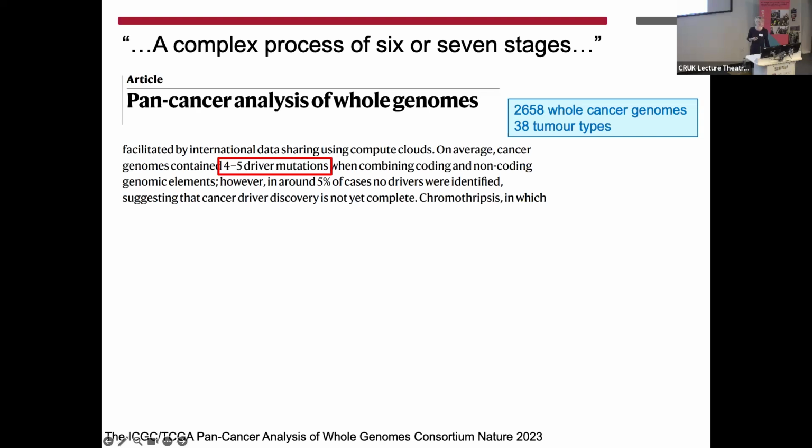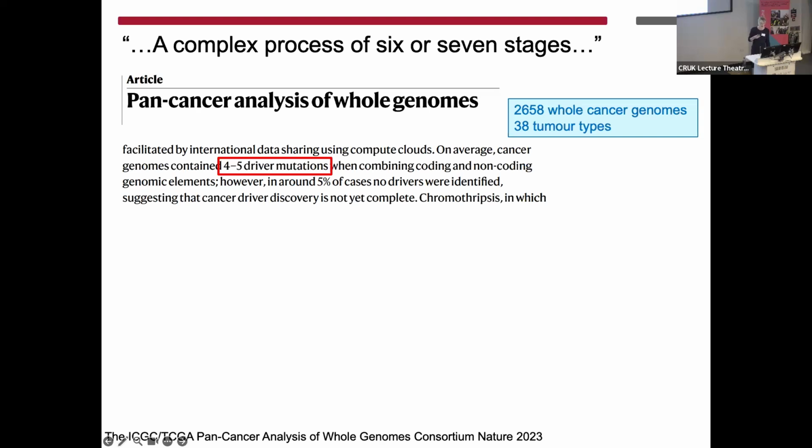And what I show here is a bit of text from the abstract, where when you actually look at driver events and you filter out passenger mutations, and this is done by people who understand filtering out passenger mutations versus driver mutations much more clearly, then they suggested that 4 to 5 driver mutations on average were present in individual tumors, and that this was likely to be an underestimation of the number of driver events. So actually, in my opinion, that's very close to 6 or 7 stages.